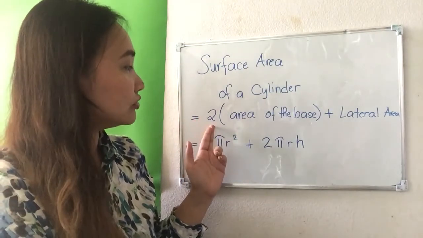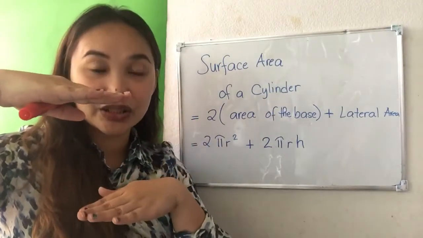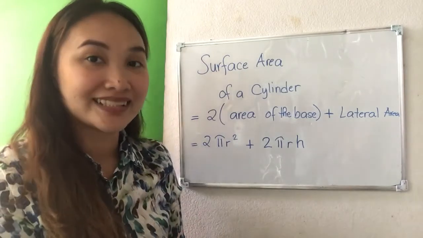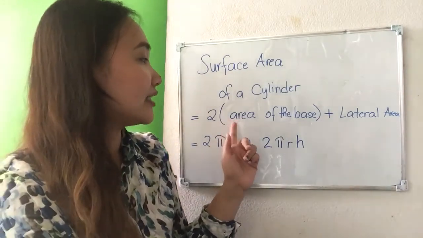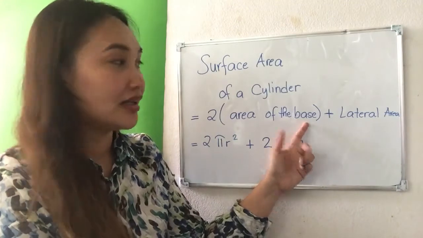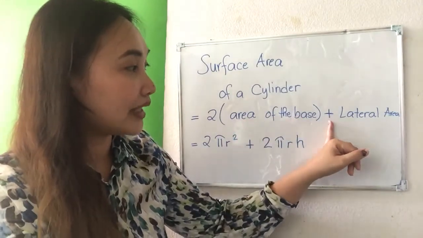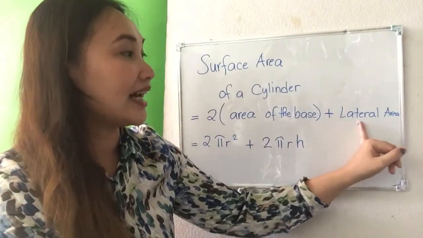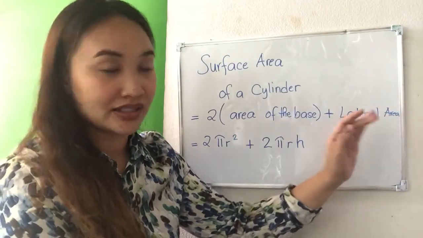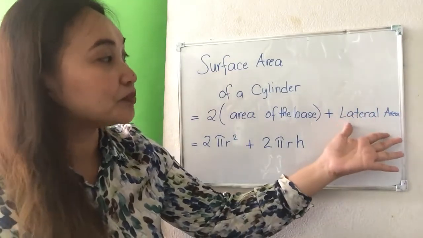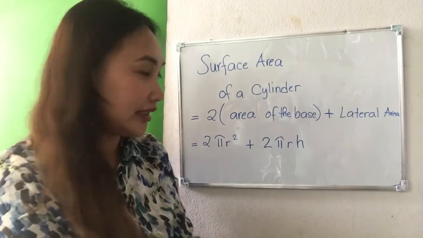We have the top and the bottom of the cylinder, so that is the area of the base, plus the lateral area. What is the lateral area? This is the perimeter times the height.